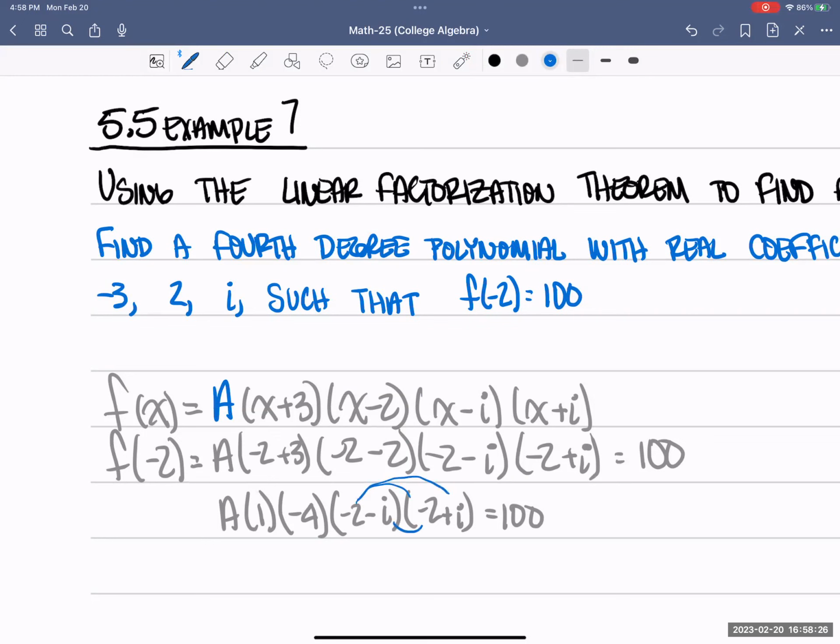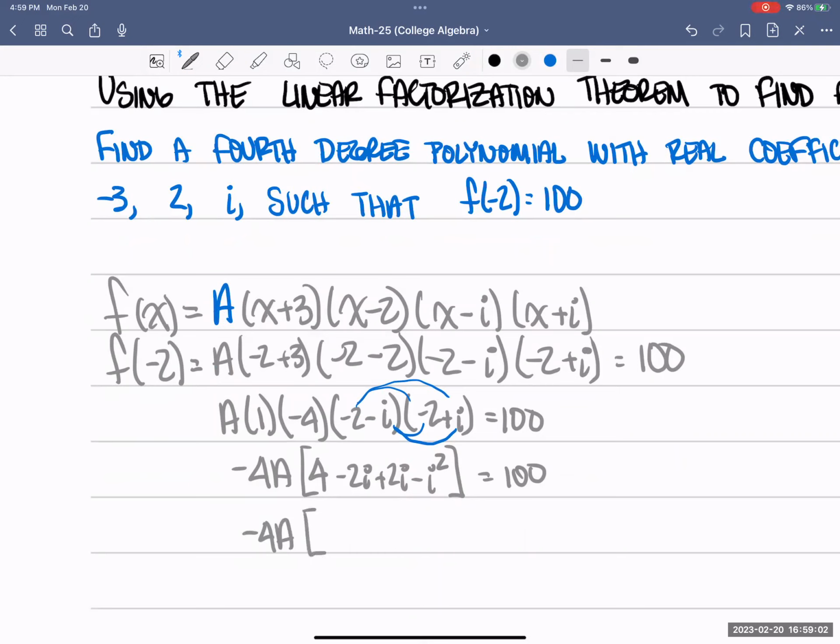This should clean up really nicely. At the same time, we can multiply these right here. So we have -4A times -2 times -2, +4, -2 times i, -2i, -i times -2, that's going to be a +2i. -i times i is going to be -i squared. This should all equal 100.